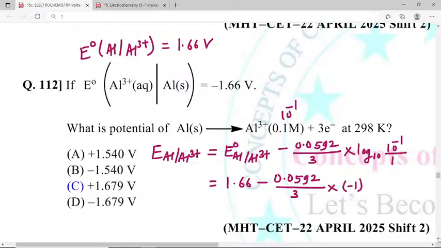So 1.66 plus 0.0592, and this whole divided by 3, so is equal to how much value?